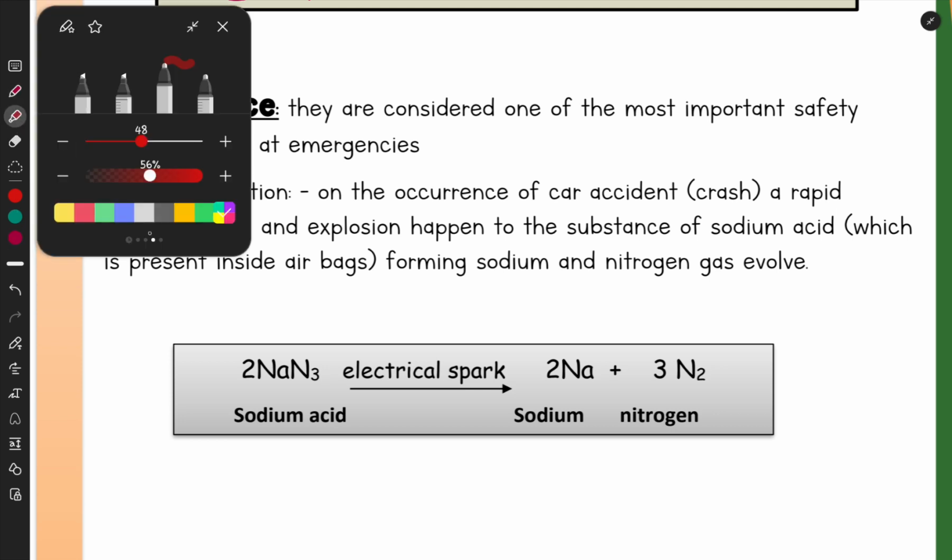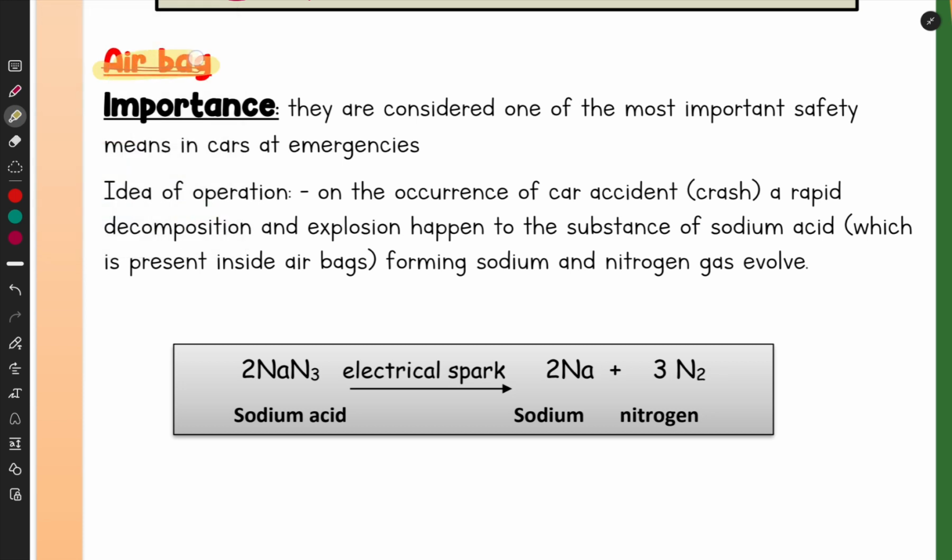What is an airbag? We find it inside cars. It blows up when we have an accident to make it safer for the driver and the passengers when they ride in a car. It is considered one of the most important safety means in cars in emergencies.